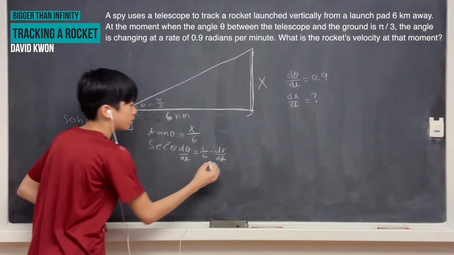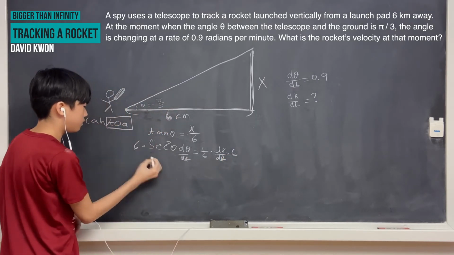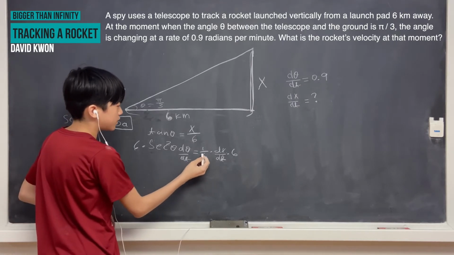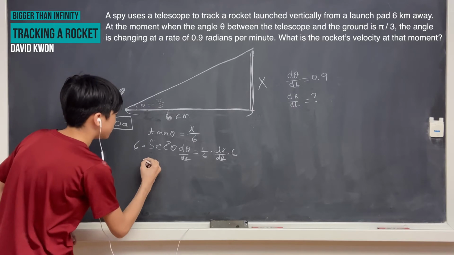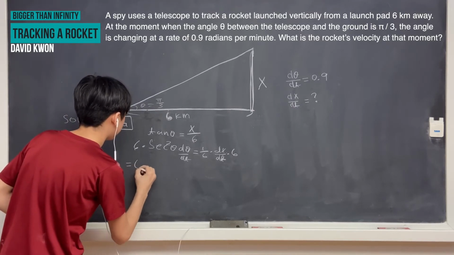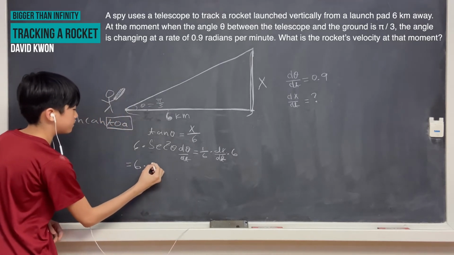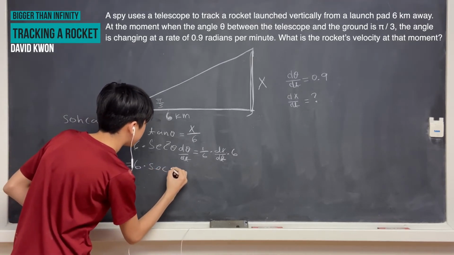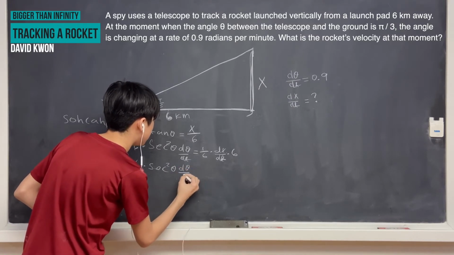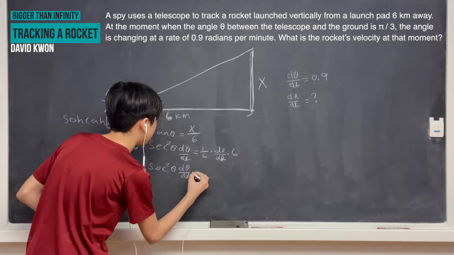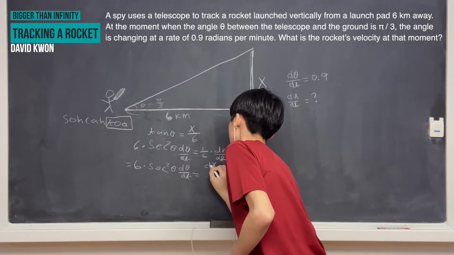We will also multiply by 6 on both sides to cancel the 1 over 6 because we don't want any fractions. So we have a new form, which is 6 times secant theta squared d theta over dt is equal to dx over dt.